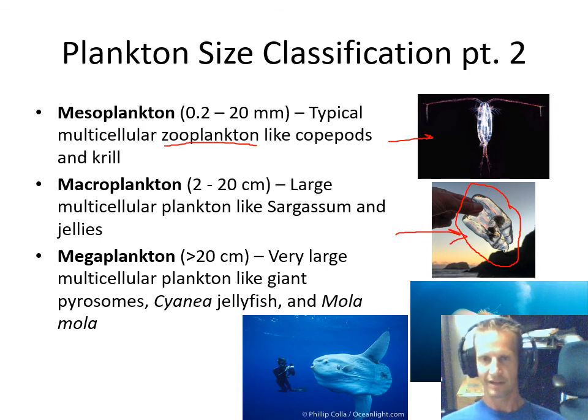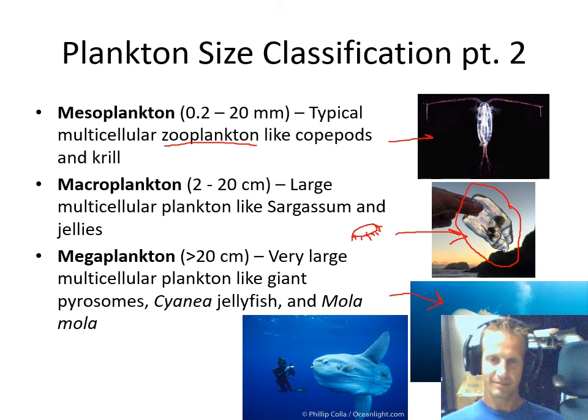And there's a variety of jellyfish. Jellyfish are not actually fish. They're, of course, in a totally different phylum of life, but many of the jellies are in this size class of macroplankton. And then there's megaplankton, greater than 20 centimeters. So they're very large organisms, like the biggest jellyfish. There's a big jellyfish in this picture that my face is blocking here, the giant pyrosomes, the colonies of sea squirts.